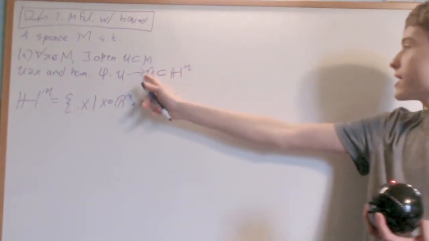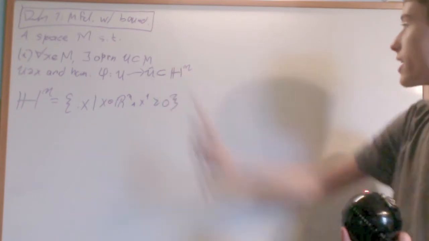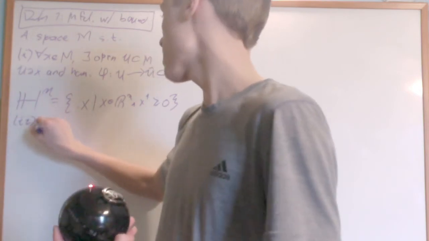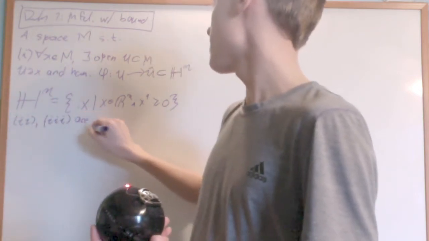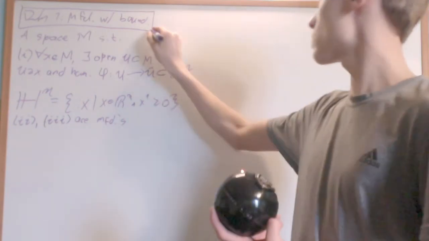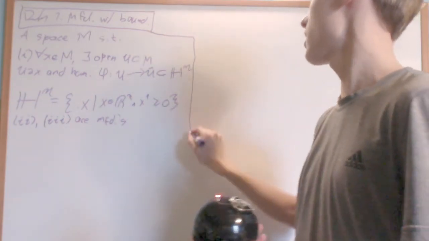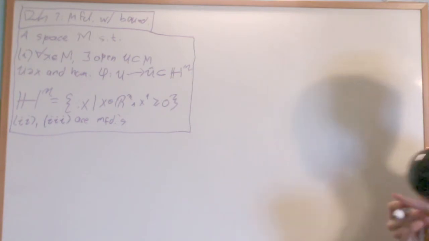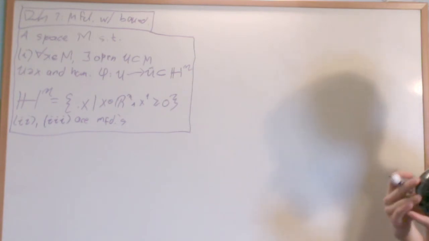That's why we make it an open subset of the half plane instead of the entire plane. Okay, 2 and 3 are the same as manifolds. They're just the Hausdorff condition and countable basis. This is the important part. We change what space it maps into so that it can have a boundary.